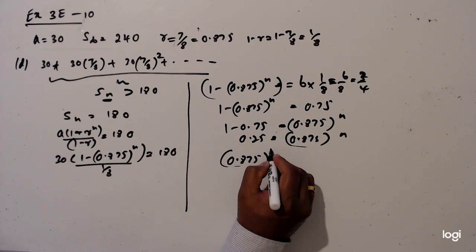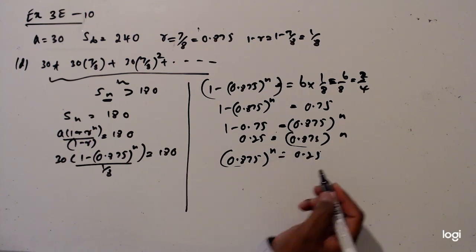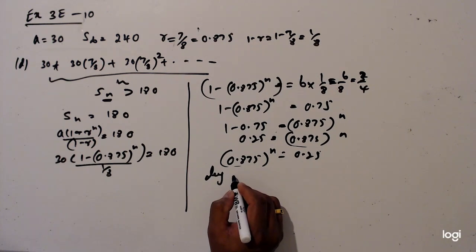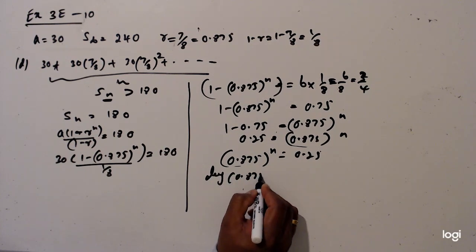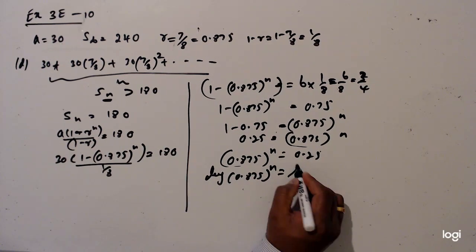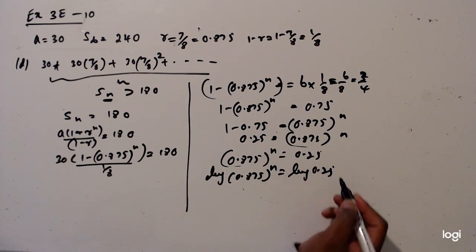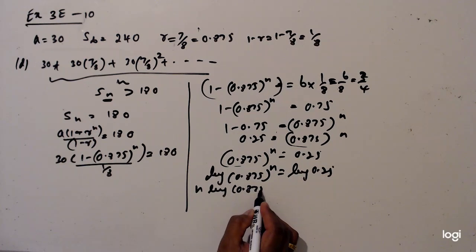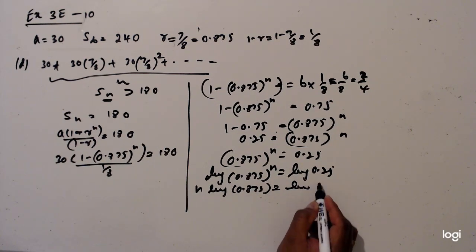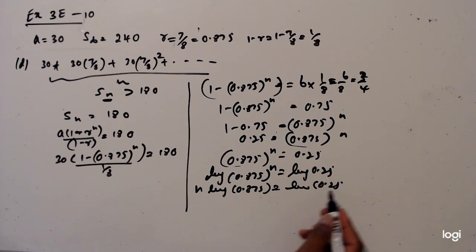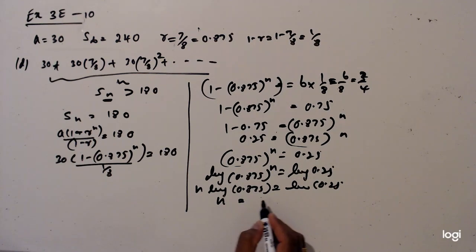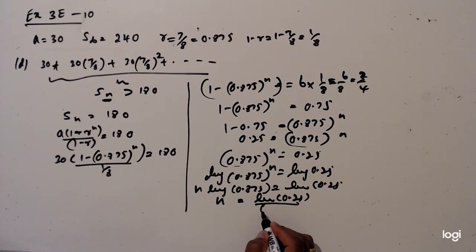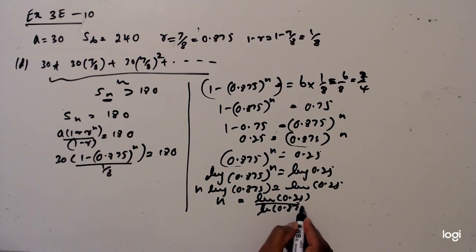So I'll rewrite this: 0.875 to the power n equals 0.25, so we'll introduce logarithms. n log 0.875 equals log 0.25. So n equals log 0.25 divided by log 0.875.